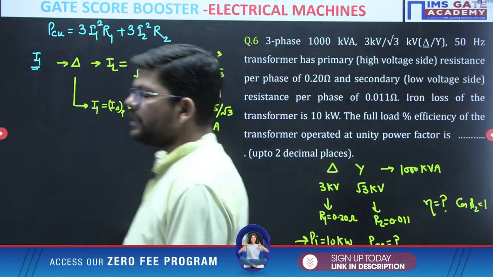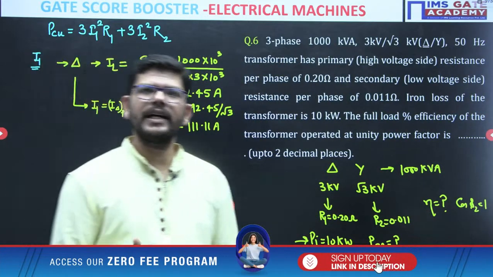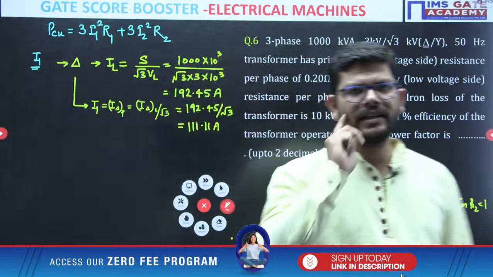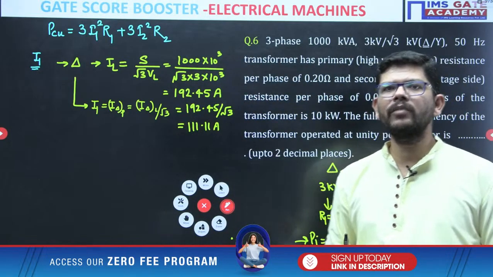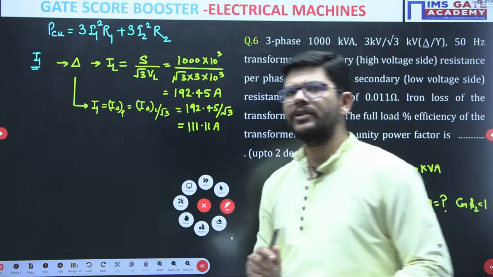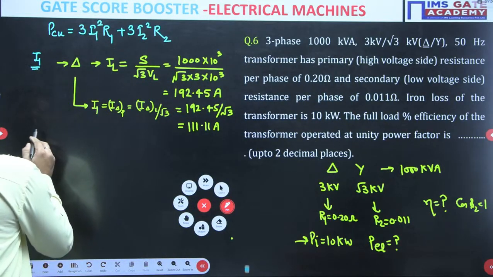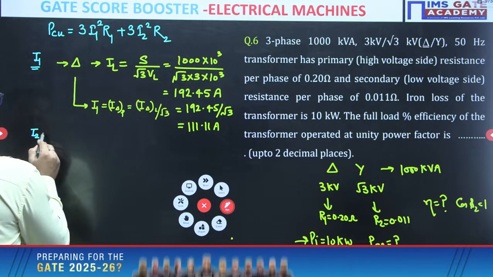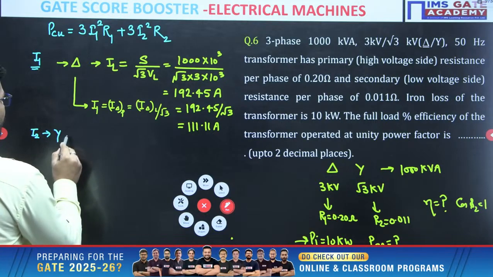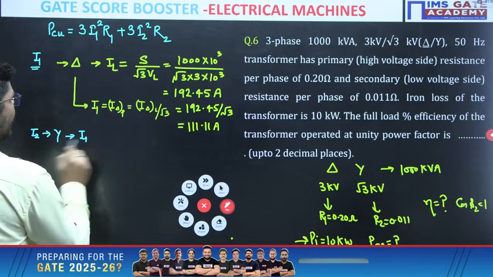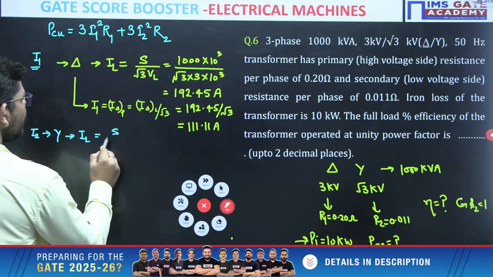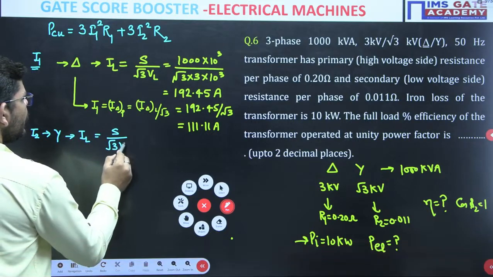So what we are doing? Just calculating the current as we have to calculate in 3 phase, and then we have to take a reminder of whether it is delta or star and what will happen to the line and phase current. Now when it comes to the secondary current, the secondary side is star side. So what will be the line current? The line current will be S upon root 3 VL.